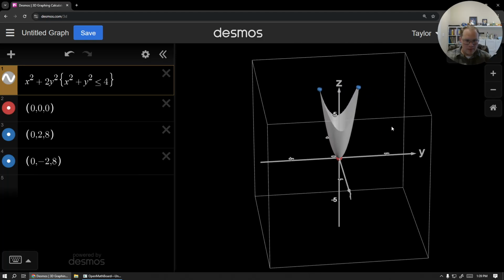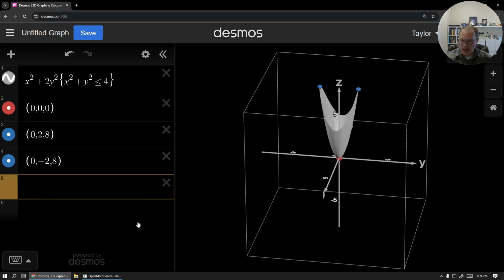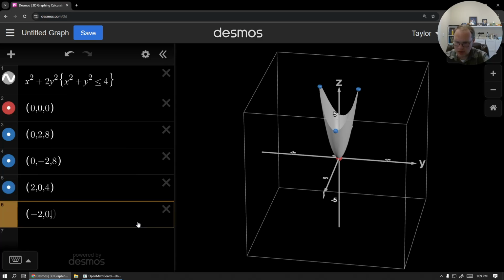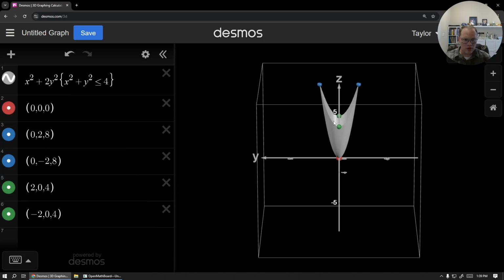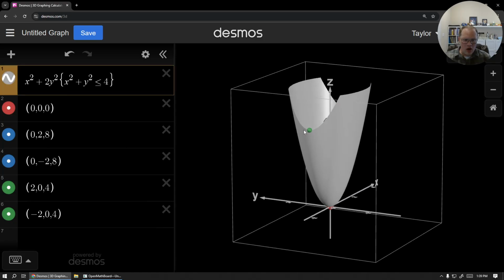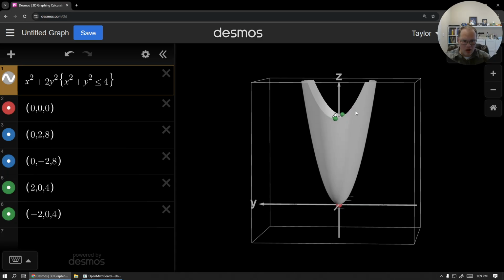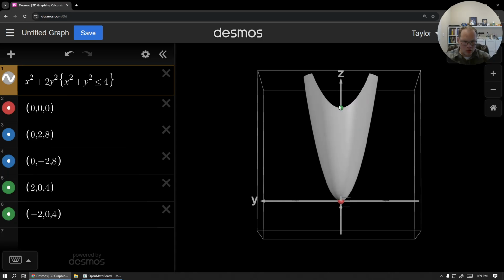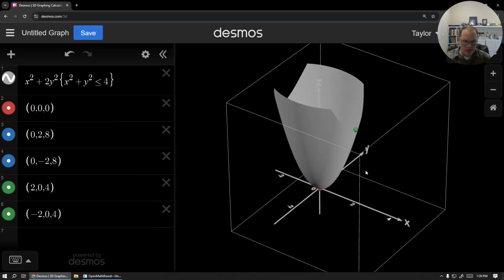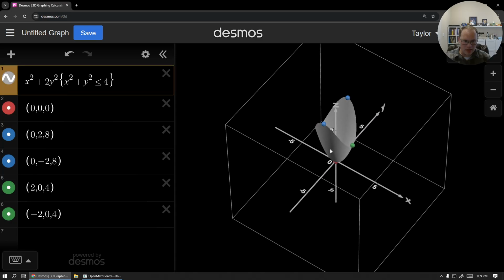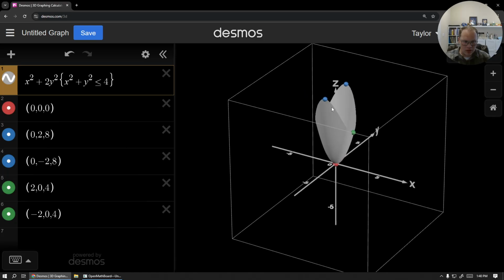And then the other 2 critical points we got were 2, 0, 4 and negative 2, 0, 4. And so you could see why we got them as critical points, can't you? Along the boundary, they are local minima. And so you could see why we had to consider them. But they are neither the absolute lowest point nor the absolute highest point.